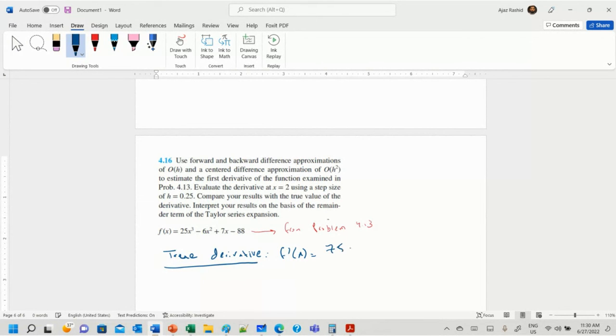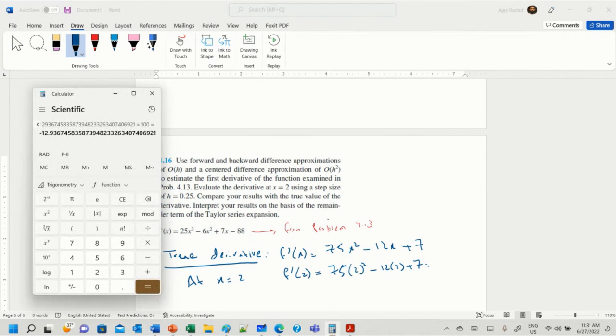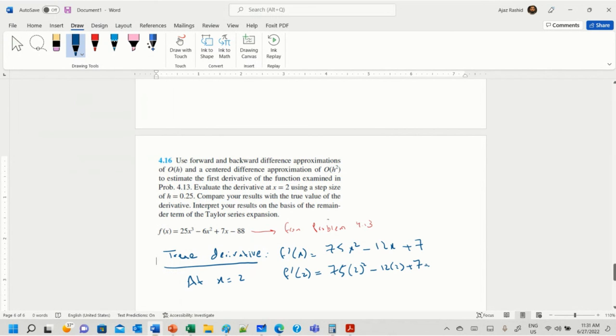That's 25 times 3, which is 75x squared, minus 6 times 2, which is 12x, plus 7. At x equal to 2, 2 squared is 4 times 75, minus 12 times 2 is 24, plus 7, so it's 283.